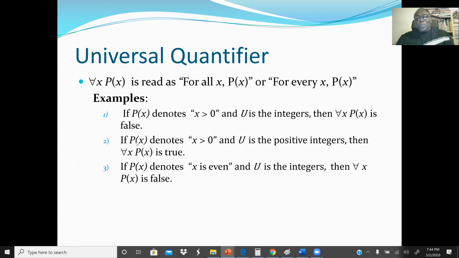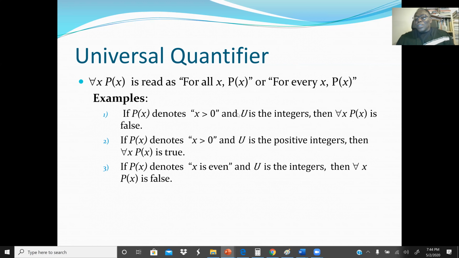Now if P(x) denotes x is greater than 0, and U is the positive integers, here the domain excludes negatives. So the domain of U is only positive. Since x is greater than 0, then ∀x P(x) is true, because our domain is only positive values.